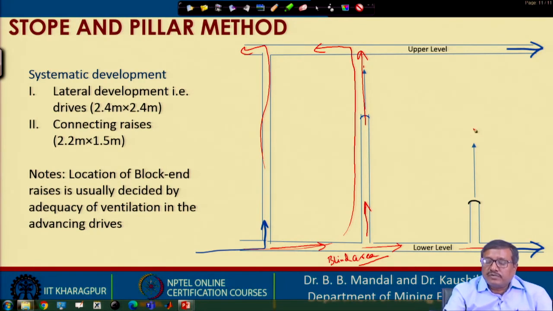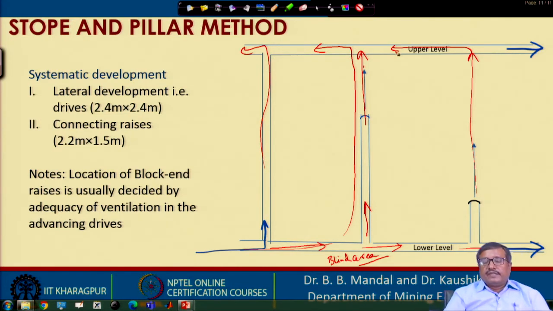So, when this also connects with the upper level, this also will provide ventilation. So, that is one way of deciding where to put the raises. Once you do that, then you have established block 1, block 2, block 3, and they are ventilated only through the raises. So, the ventilation circuit is well established.